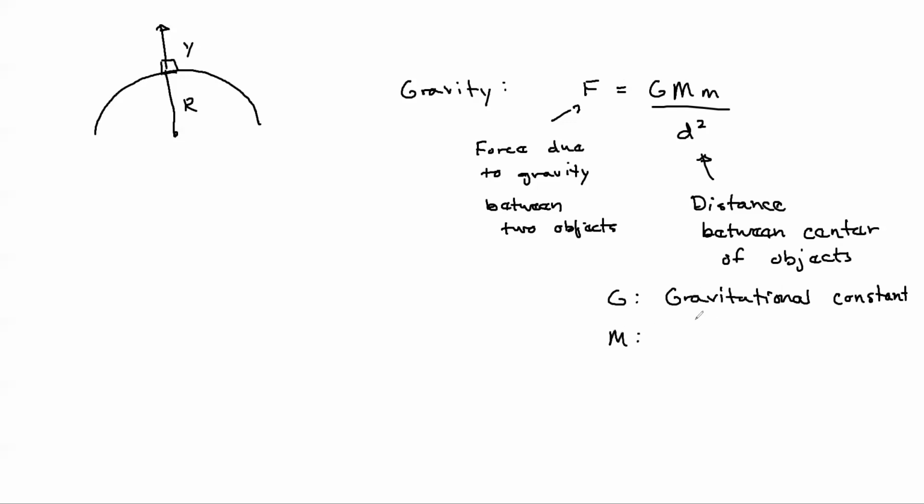Capital M, we'll say, is the mass of one of the objects, and little m is the mass of the other.